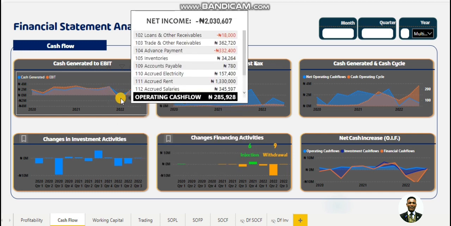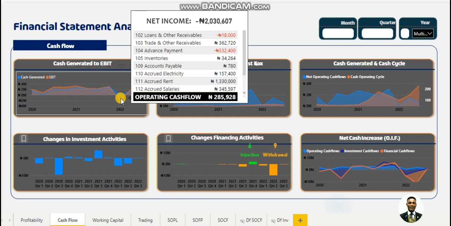Now, remember in the first quarter of 2022 from the last video, we concluded that the business experienced a loss and as a result caused a dip or a negative return. Yes, we see the same thing here, but in the cash flow, the business did not actually spend the whole cash it had generated in that period, though it experienced a loss.